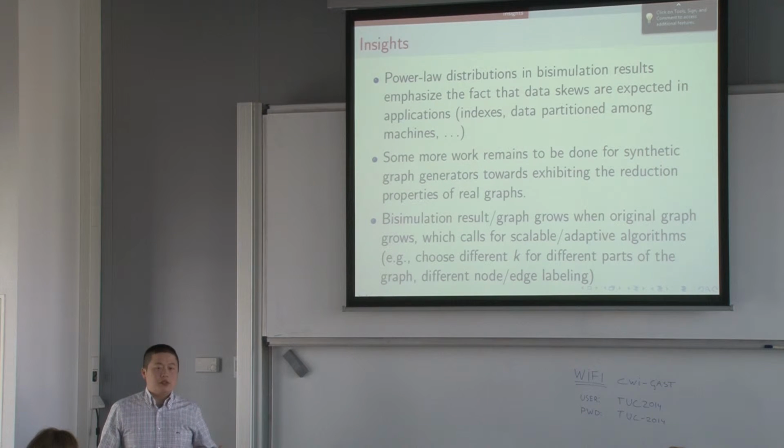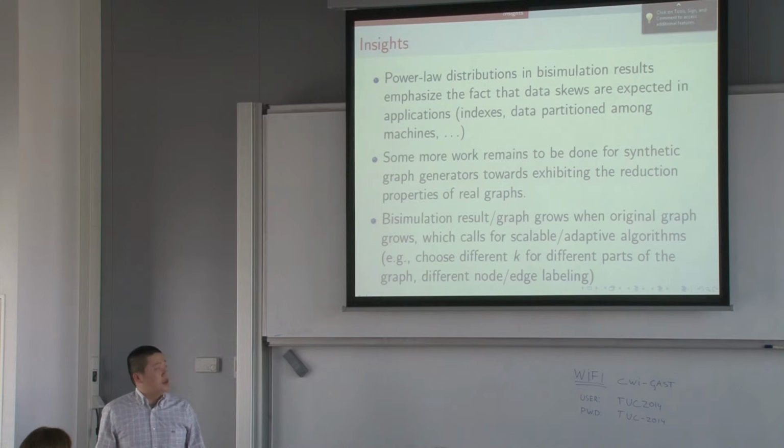We see that the bisimulation results grow at the same speed as the original graph, at least for one real world scenario. Here we test with the liquor data set. That means if we want to build applications using the bisimulation results, we also have to consider the scalability problem, because if we want to build an index, the assumption usually is that you have the index in memory for the smaller graph, but this smaller graph can grow as well, so you have to use some techniques to make it smaller.